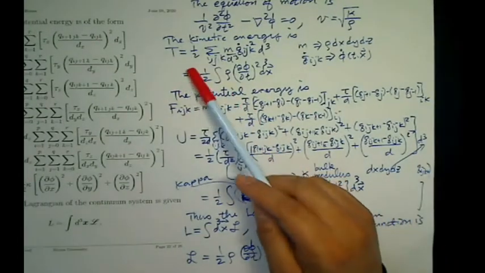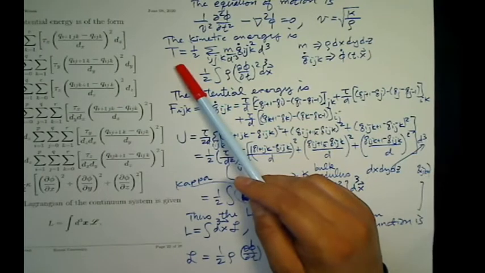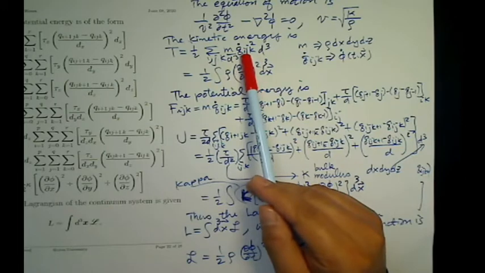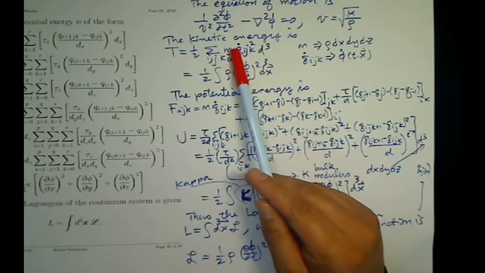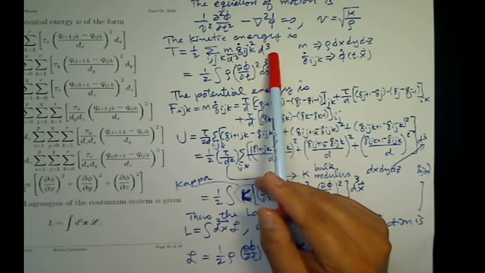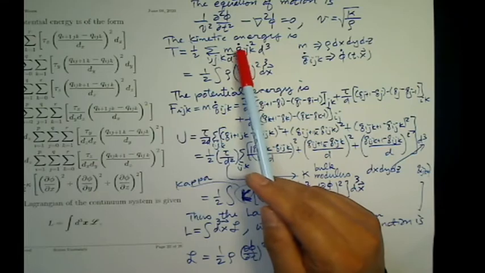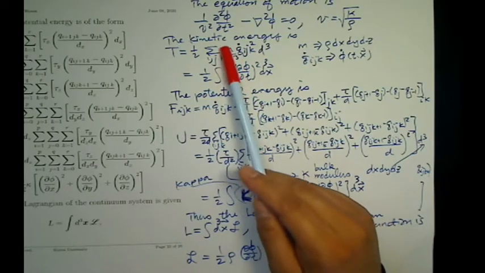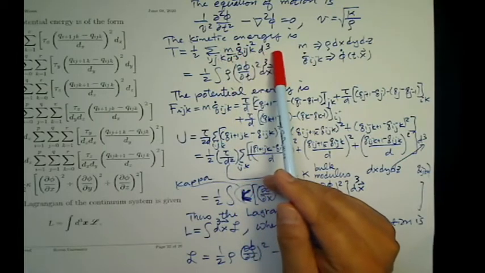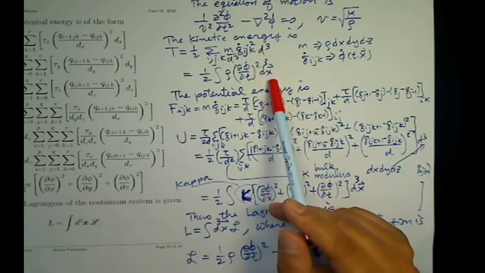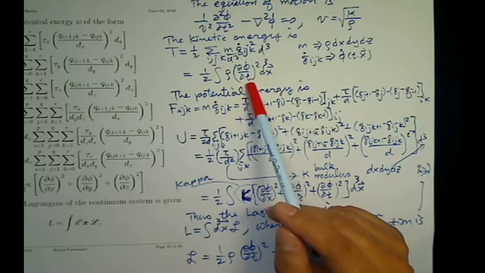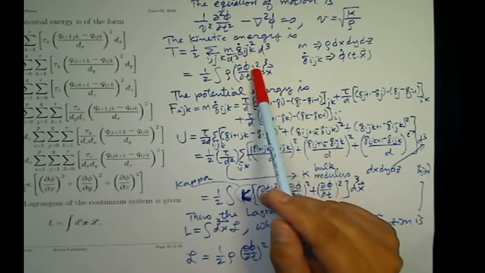First, we write the kinetic energy. Kinetic energy is 1/2 mass times velocity squared. We divide m by d cubed and multiply by d cubed. That means m over d cubed is the density per unit volume, and d cubed is actually the differential of the volume. q dot is to be replaced with the time derivative of the field, and we square.